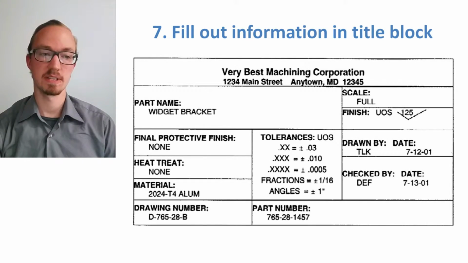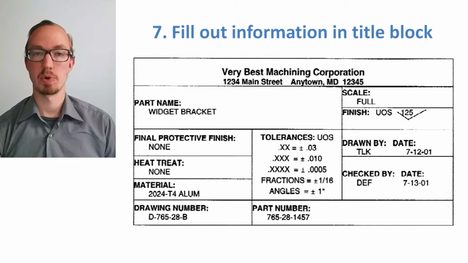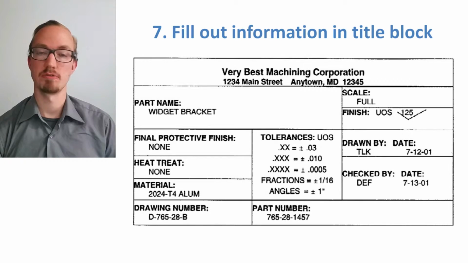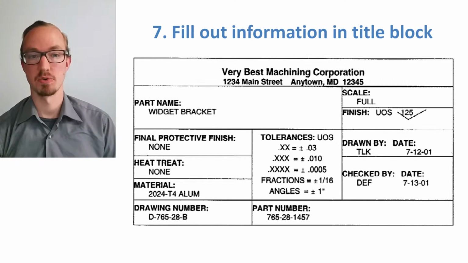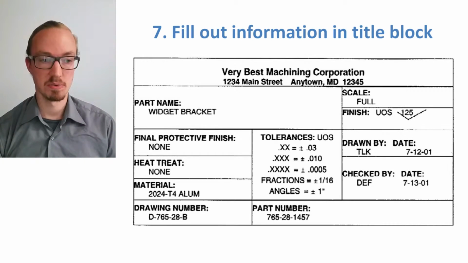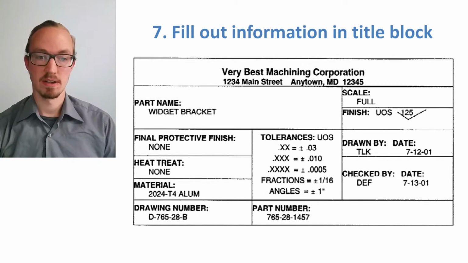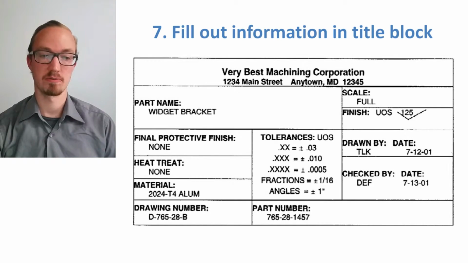After this, step 7, you fill out the information in the title block with the part name, of course, with a person who is responsible for it, and with all the additional information with tolerances, part number, drawing number, which page it is, and material treatments and address of the company, maybe, all relying on what kind of product you have and what kind of company you're drawing for.